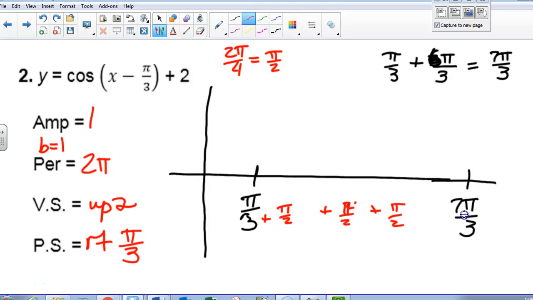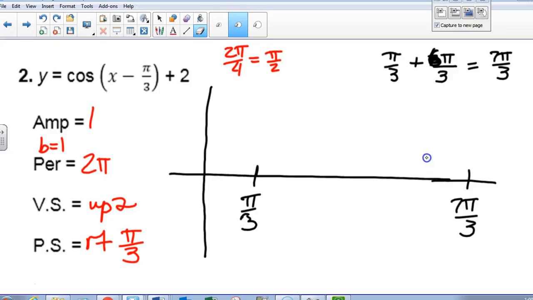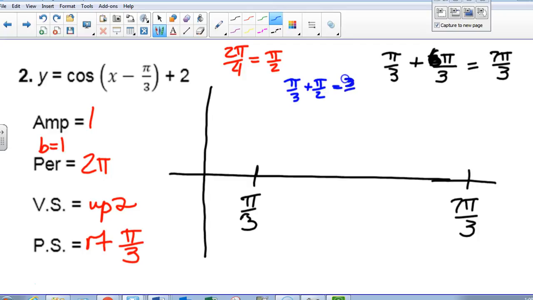We're adding pi over 2's because that's 1/4 of the period. Well, what's a pi over 3 plus a pi over 2? Yes, 1/3 plus 1/2, or 2/6 plus 3/6 is 5/6. So the next ordered pair right here is going to be 5 pi over 6.